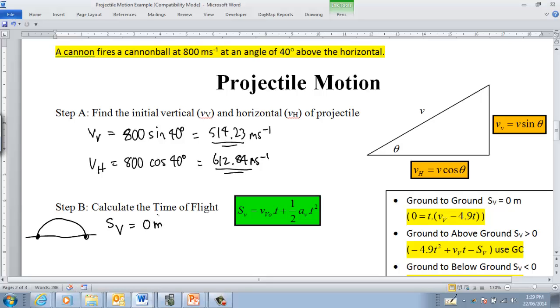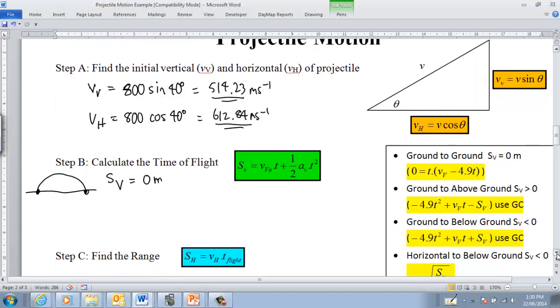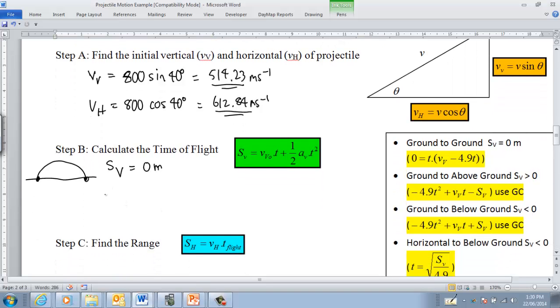Alright, so therefore, we're only going to use the vertical component of this formula to work out the time of flight. So we're going to say here, 0 is equal to, now initial vertical velocity is 514.23 times by t. Now gravity, we know, is minus 9.8. So a half of 9.8 is in fact 4.9, and we've got to do t squared.